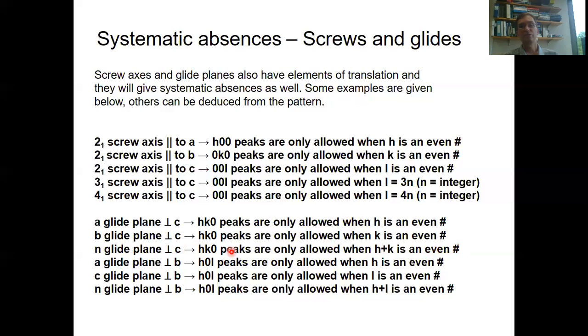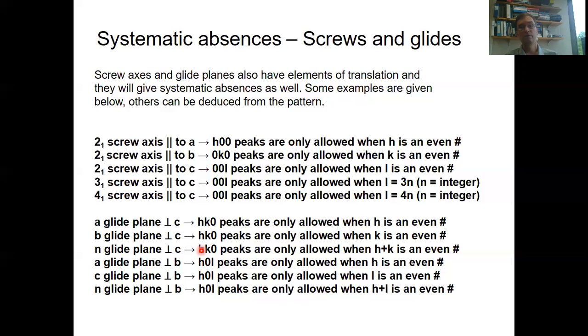So still you could have any value of K, but when you have an odd number of K, for instance 3, your H value must also be odd.